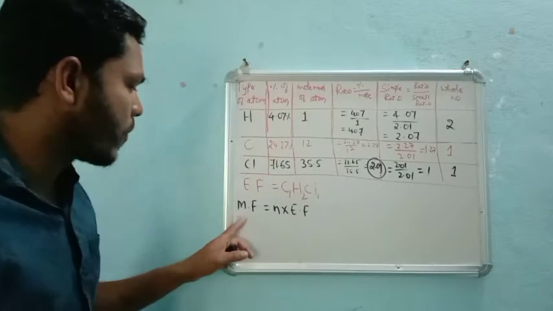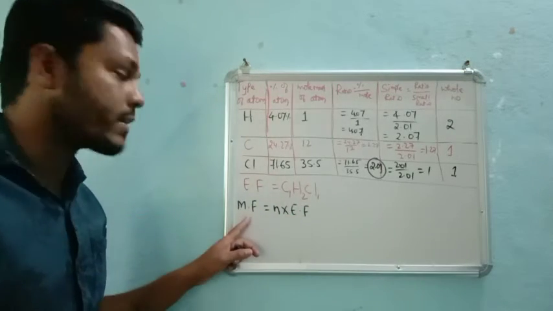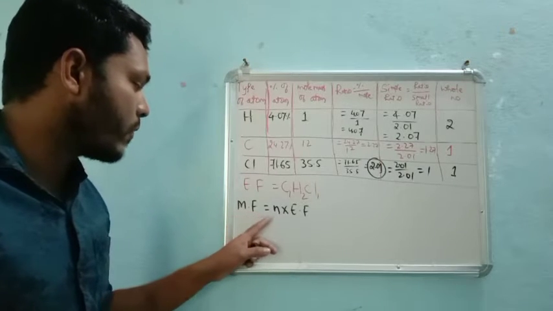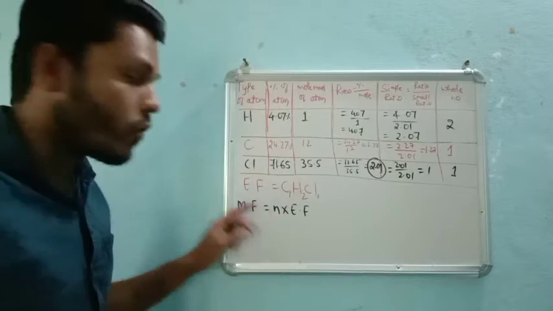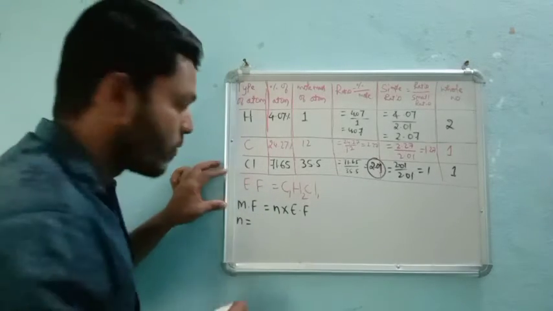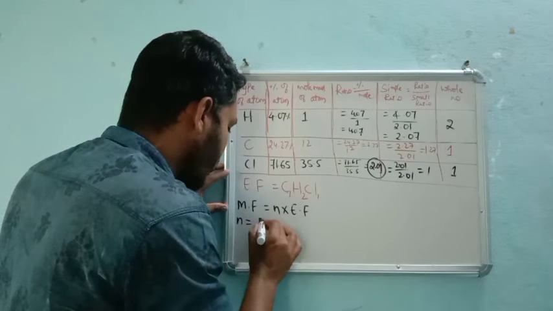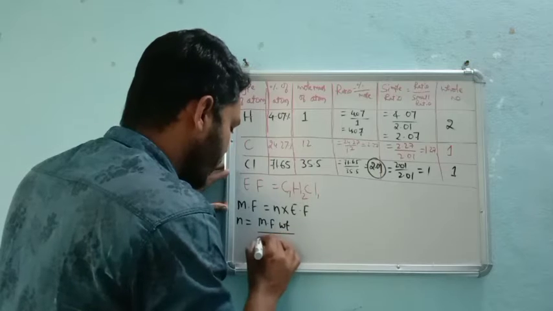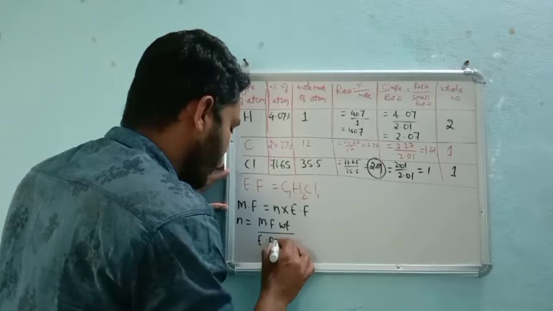You remember, in the last class I explained this. For that N value, N is equal to molecular formula weight divided by empirical formula weight.